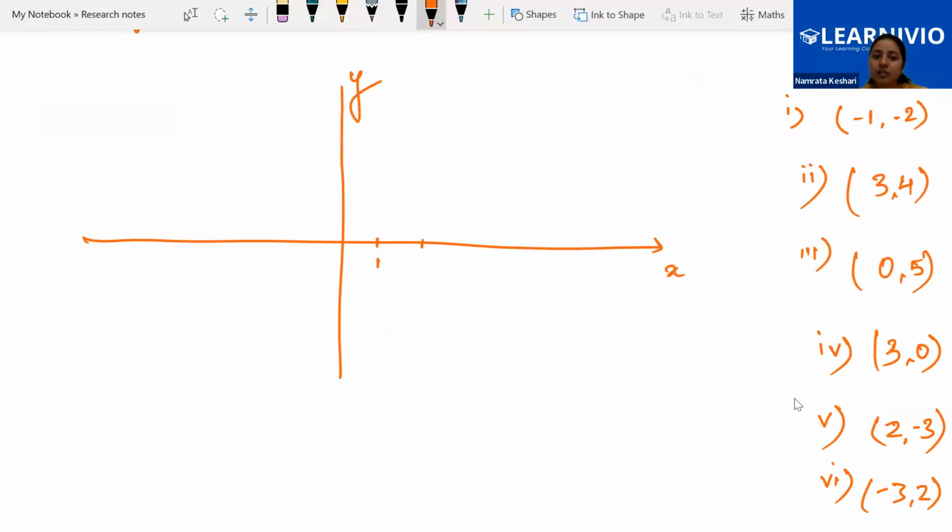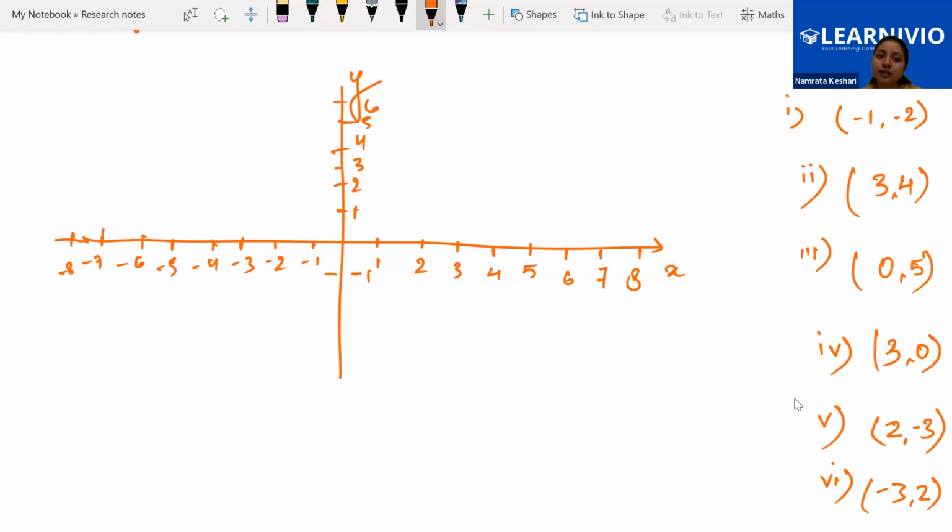1, 2, 3, 4, 5, 6, 7, 8. Here -1, -2, -3, -4, -5, -6, -7, -8, and so on. Similarly upside 1, 2, 3, 4, 5, and 6.